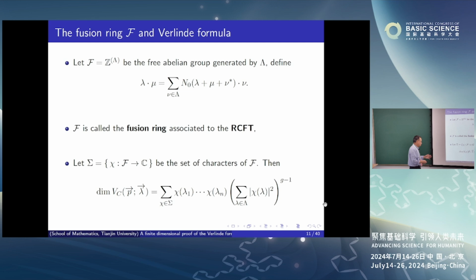Then you can get the formula. If you know the characters of this fusion ring, then you can compute this dimension using these characters. That's our general formulation.